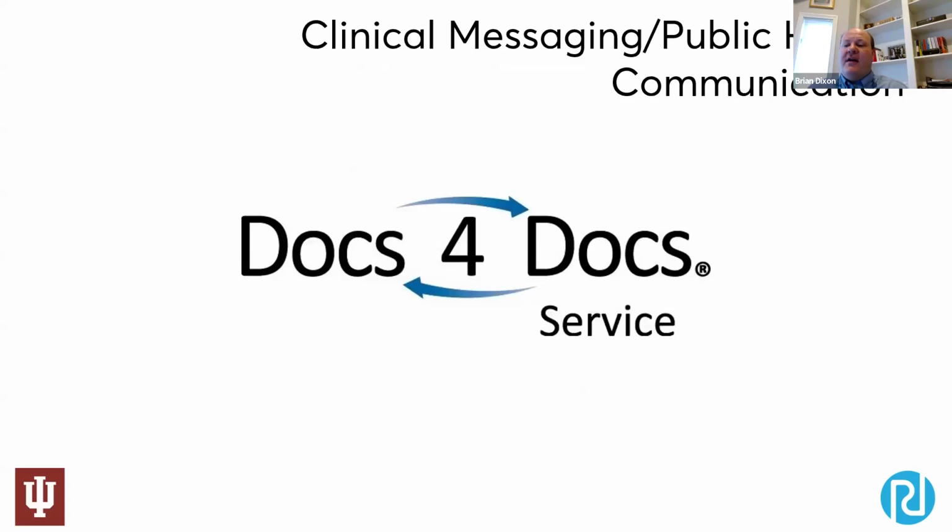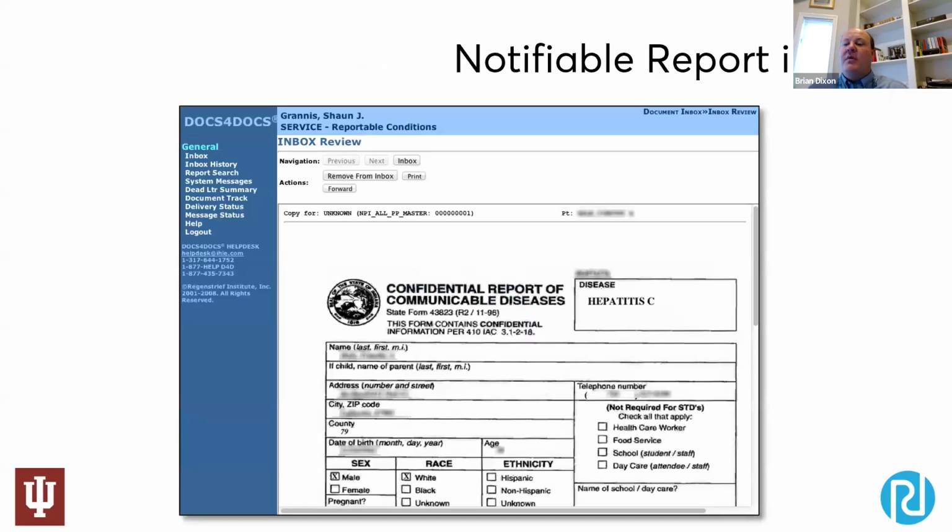So for this project, we used the Docs service, which is part of the IMPC. What we did was we pre-populated the communicable disease reporting form. It would show up in the inbox of the physician, just like they get radiology reports or the actual laboratory report, et cetera. It would show up in their workflow. So we wanted to support existing clinical workflow.